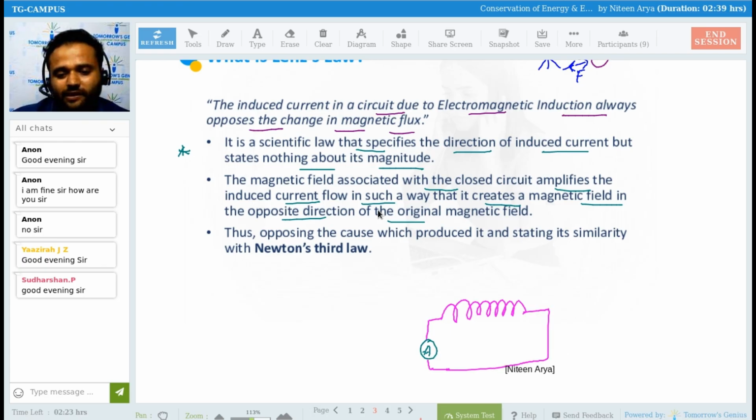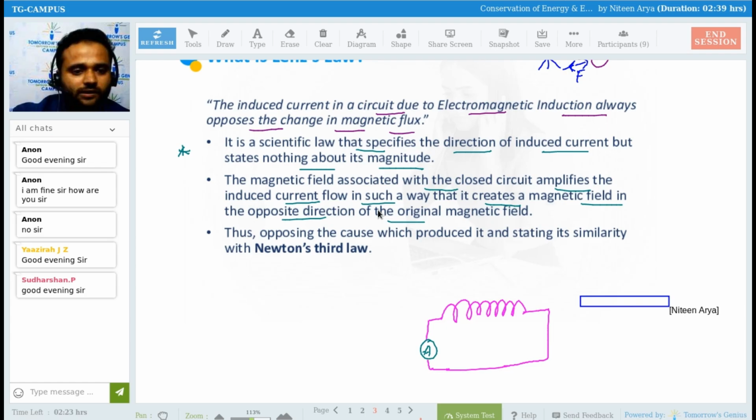When the current is generated, it is quite easy to understand that a magnetic field is also going to be generated, isn't it? Because the same thing is going to happen. So in general, the magnetic field is going to be in this way, north to south. Clear? The arrow represents the direction of the magnetic field.